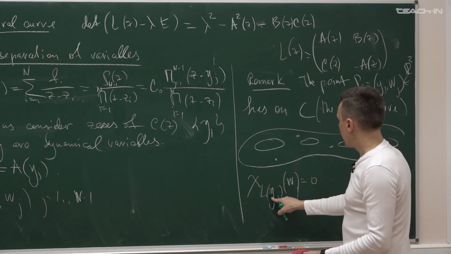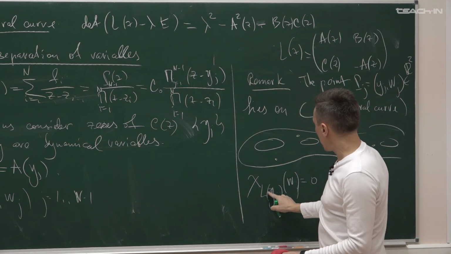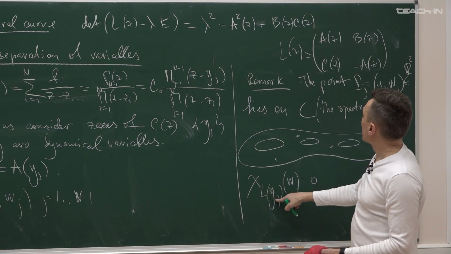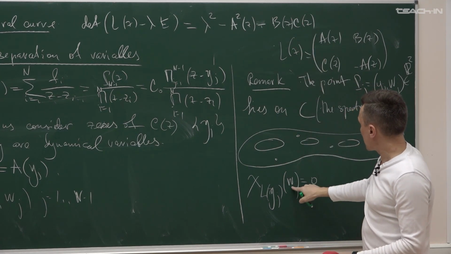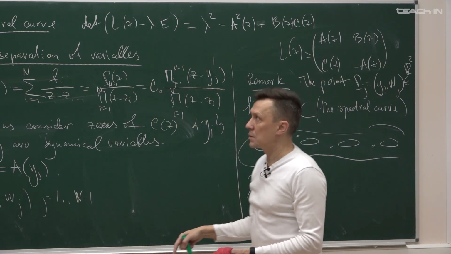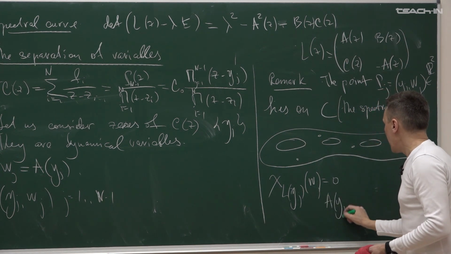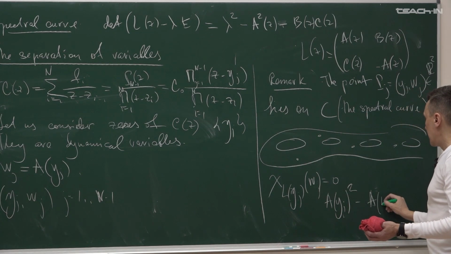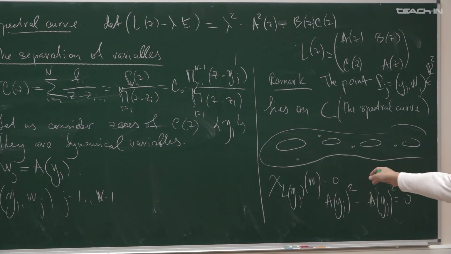If we substitute z by y_j, we have c equals 0, and then we substitute lambda by w, which is the value of a. So in this case, we get that a of y_j squared minus a squared is 0. Is it clear?